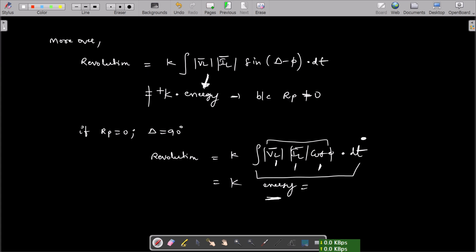Now what is that lag adjustment? So now we will see about lag adjustment. Lag adjustment means, simple thing, making delta equal to 90 degrees.